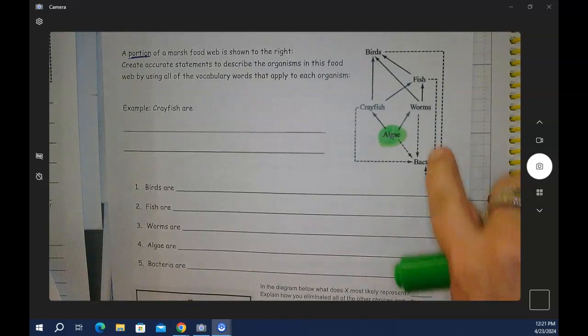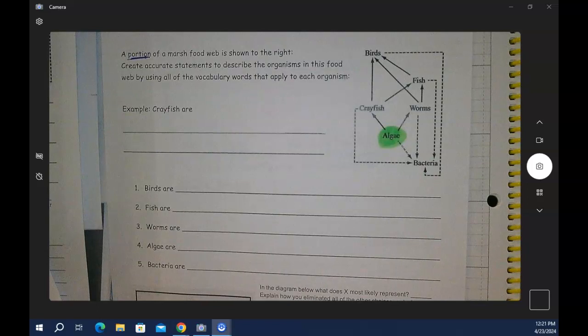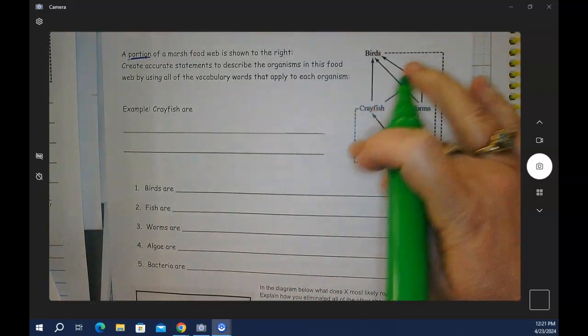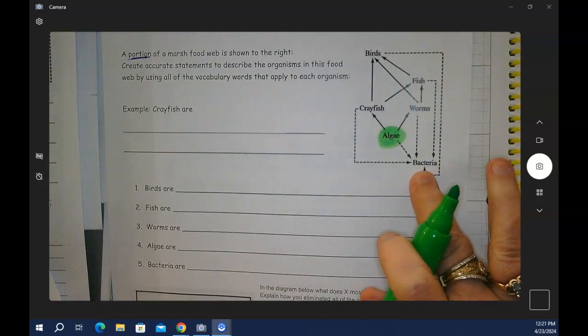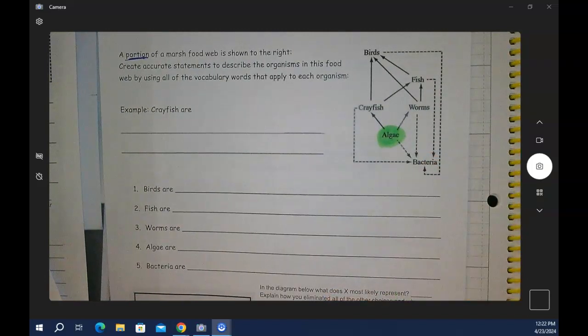And you'll notice there's solid lines and there's dotted lines. So I'm going to analyze that. I'm going to ask, why do they have dotted lines? Well, there's lines from the birds, the fish, the worms, the crayfish, the algae. Everything goes into the bacteria. So on this food web, dotted lines must mean the organism died, and now the energy is going into the decomposer.